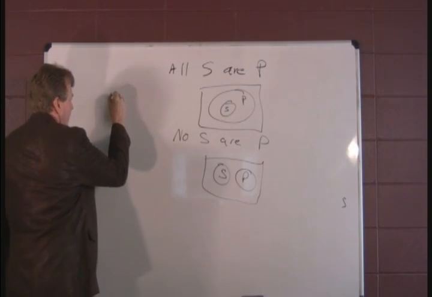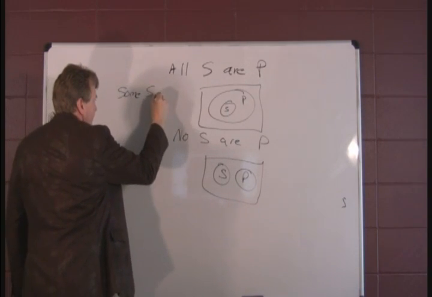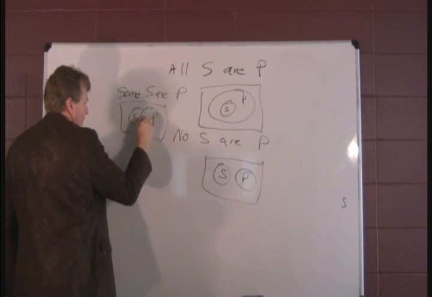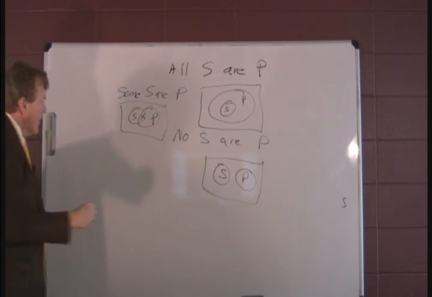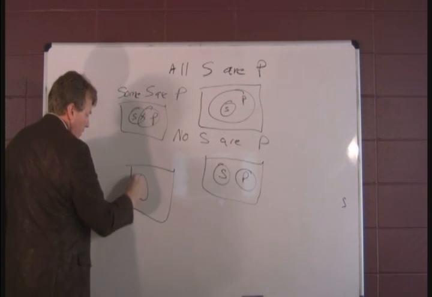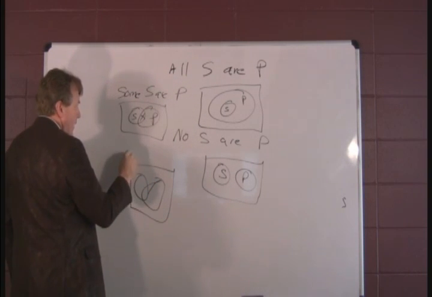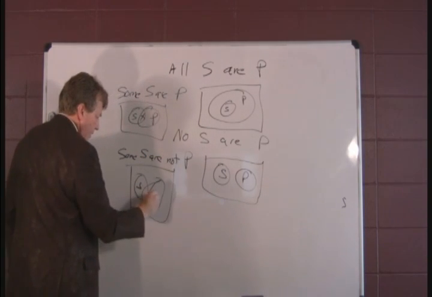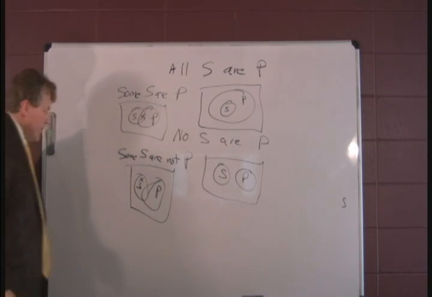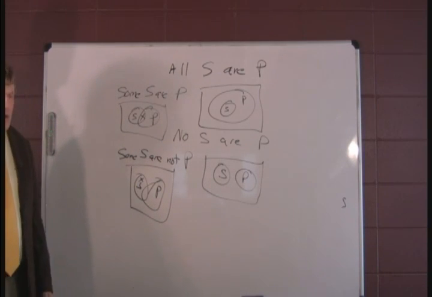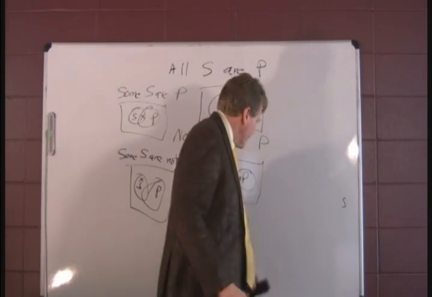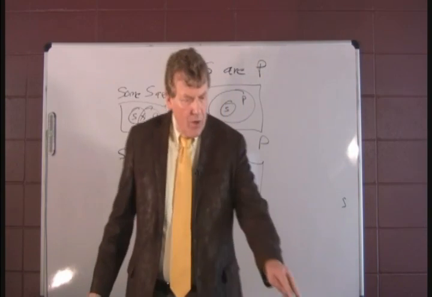And then, of course, we have some S's are P. And then now we're down at O. Some S's are not P. There's your S and P. Well, that would be some S's are not P, right? So if you ever get lost in these rules, you can always go back and check it that way, and they all make sense.